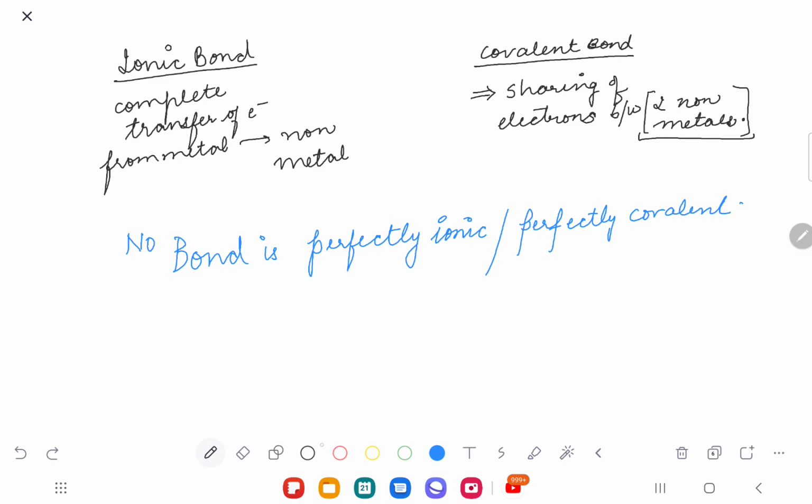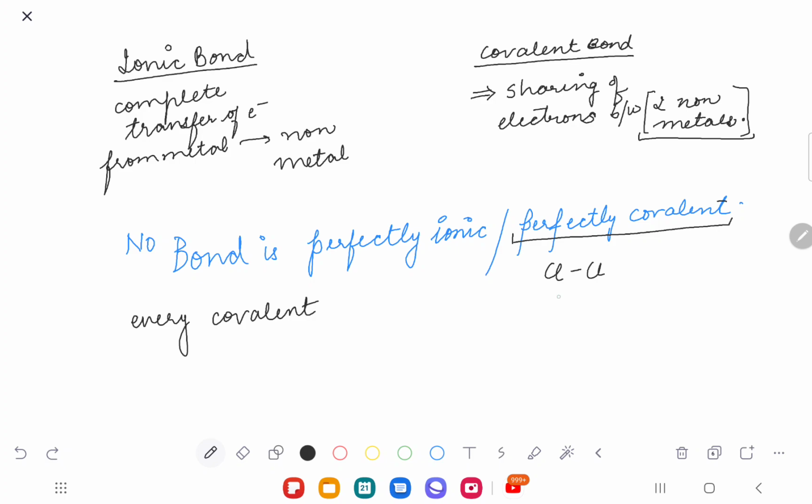So every covalent bond will have an ion. Exactly. But there are perfectly covalent bonds. Like Cl2 is a perfectly covalent bond.